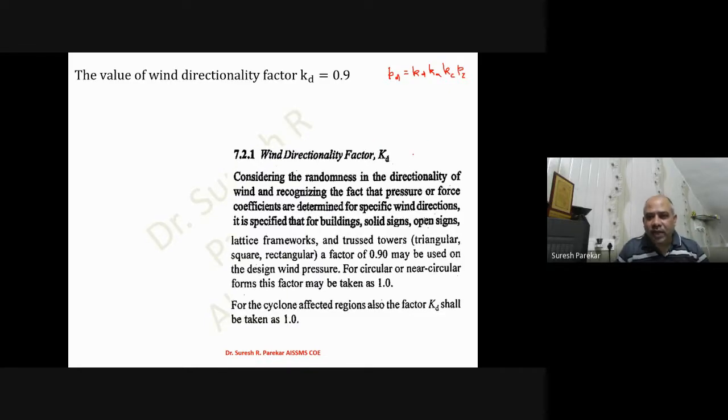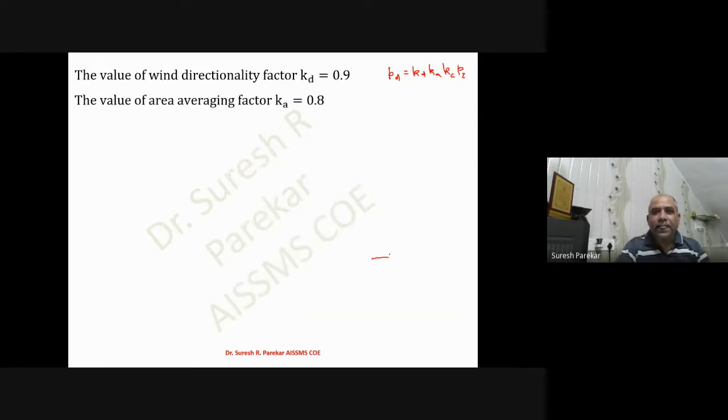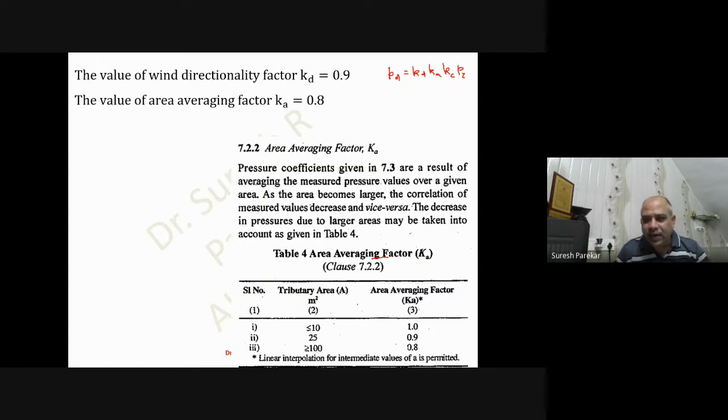This we are going to take from here. We have triangular, square, rectangular framework. This framework is triangular, and the shed area is rectangle or square, so that factor is taken as 0.9. Then we have the value of the area averaging factor Ka. You can read this: it is the distance between one panel point. We have a total of 8.5, and between purlins we have 1.7.